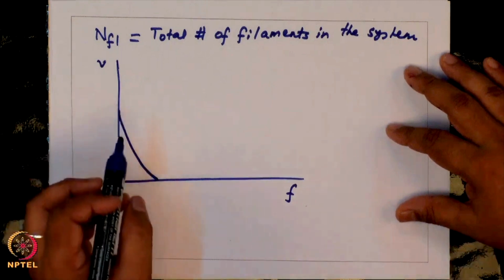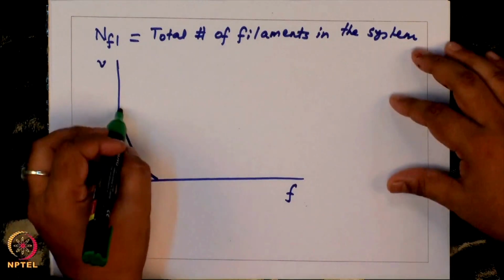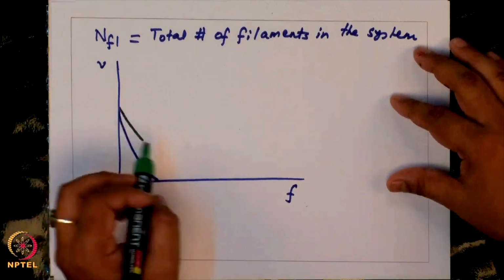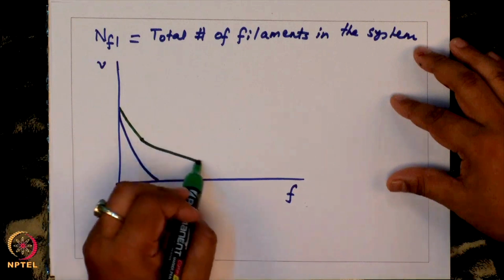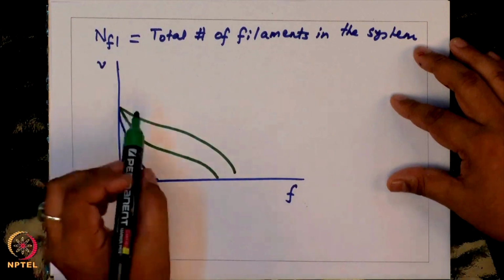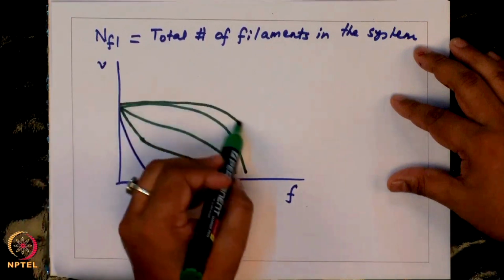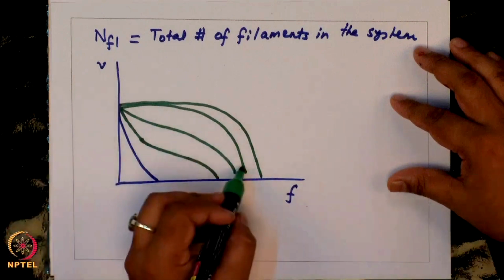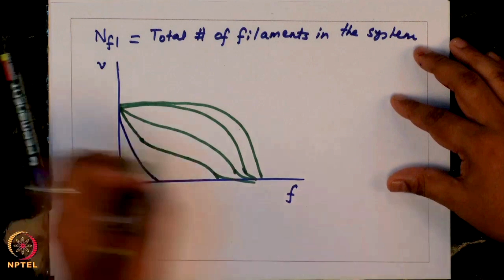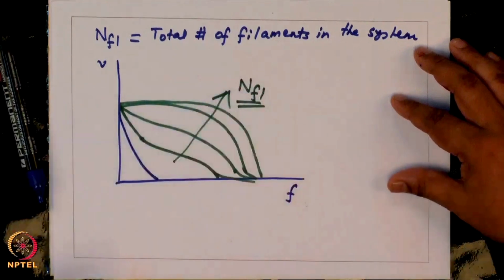What you will see is, as you increase the number of filaments, you will have curves which look like this initially, and eventually like this. In this direction, you are increasing the number of filaments.